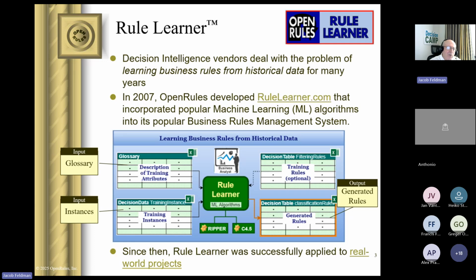I will talk about this separately. Basically, the rule learner could discover business rules in historical data. As input, it took different training instances, which include some combination of input variables and expected output, but it also required the user to provide a glossary.